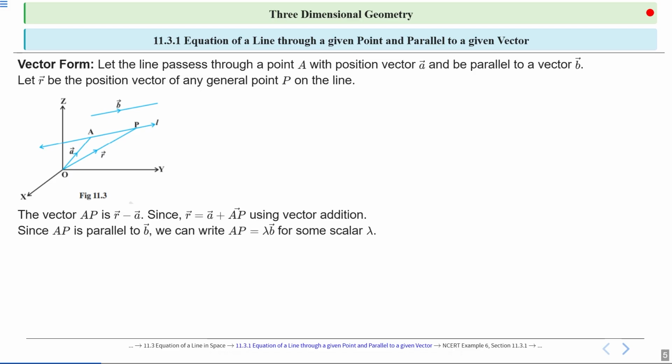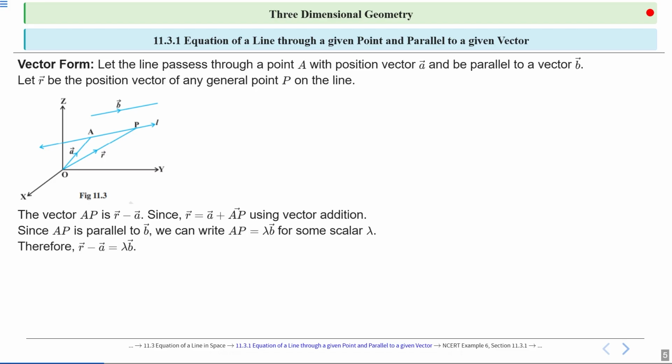Since the line is parallel to vector b, the vector AP must also be parallel to b. That means we can write AP as lambda times vector b, where lambda is a scalar parameter that can take any real value.